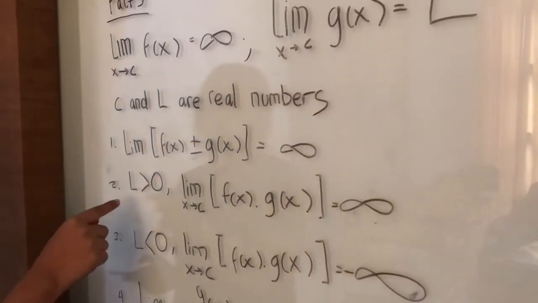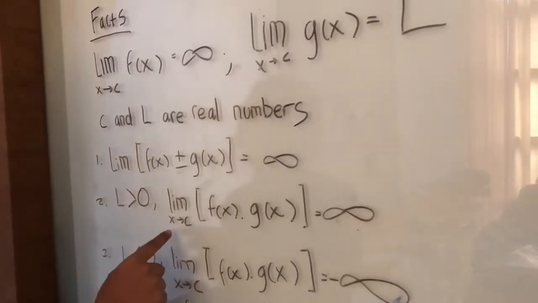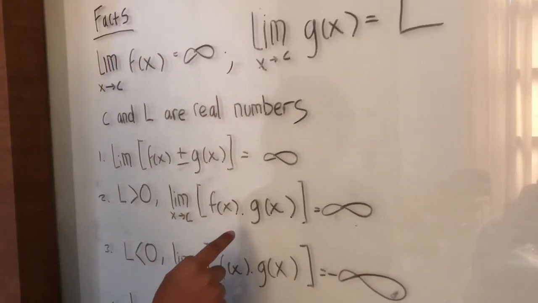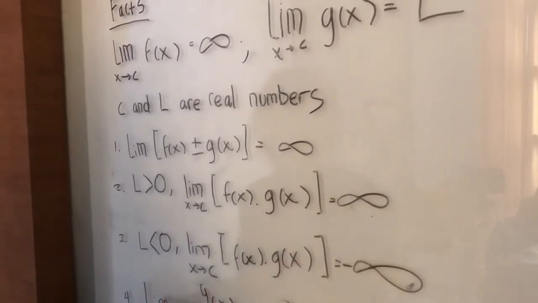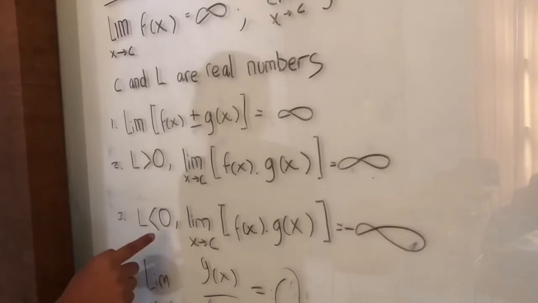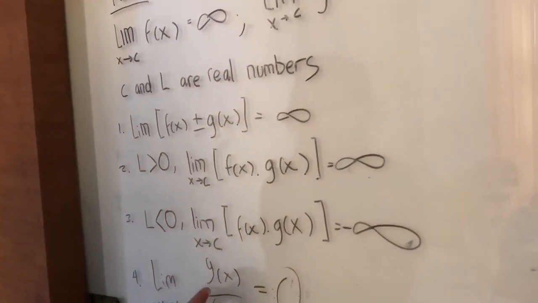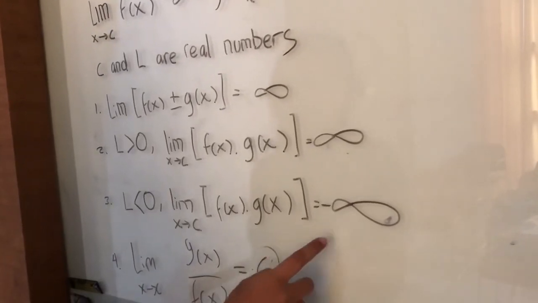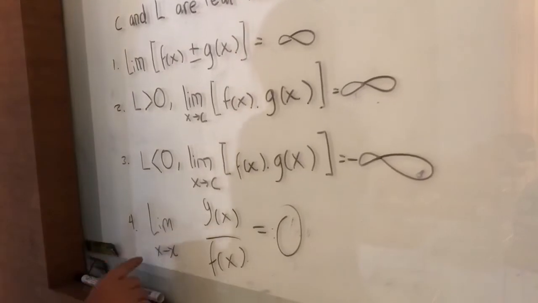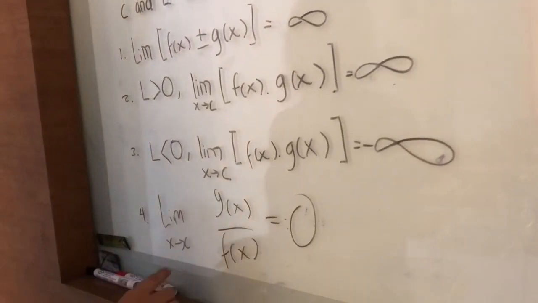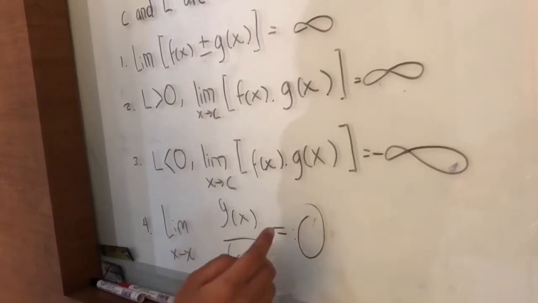The second one is if L is greater than 0, then the limit as x approaches c of f of x times g of x always equals infinity. The third one, L less than 0, the limit as x approaches c of f of x times g of x equals minus infinity. The fourth one, the limit as x approaches c of g of x over f of x equals 0.